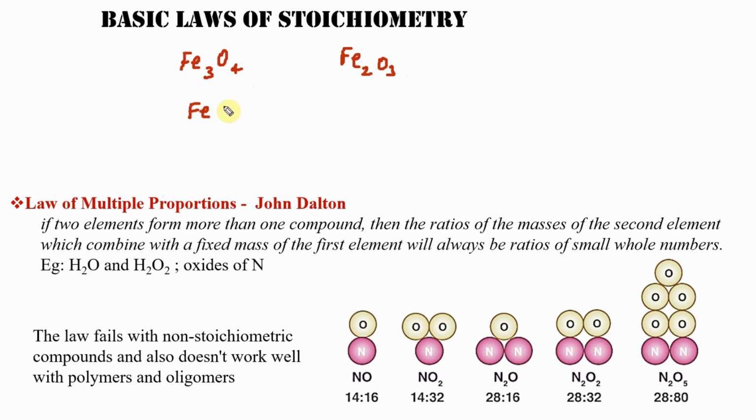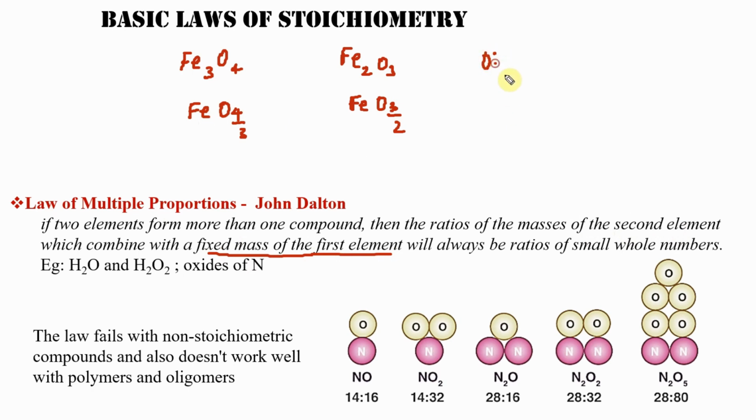Can we write it as FeO 4/3? Basically mole ratio 3:4 or 1:4/3. And FeO 3/2. So there is one Fe here, one Fe here. So they have a fixed mass of the first element. 1 mole means fixed mass of the first element. Now what is the ratio of the mass of the second element?